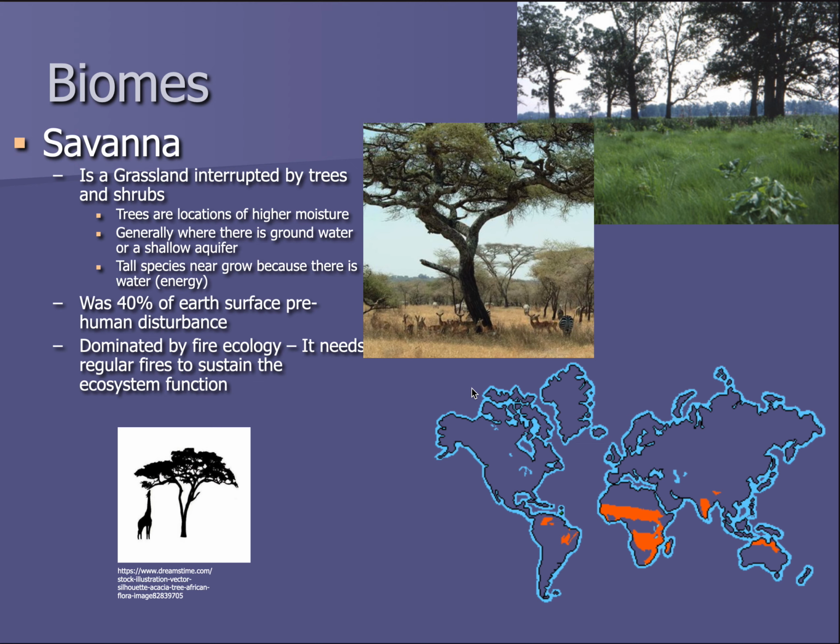But what fire does is it cleans out all the stuff that is rubbish, all the dead litter, all of the weak and injured plants, all of the senior citizen plants. If the fire doesn't come in and clean that up, what ends up happening is you're stressing the energy capacity of these ecosystems.